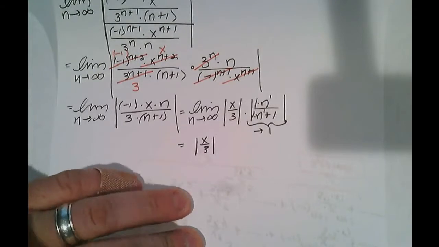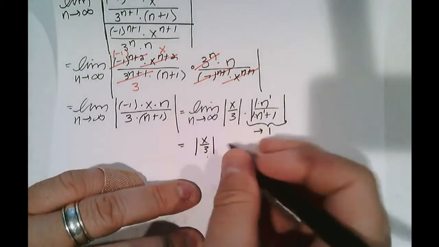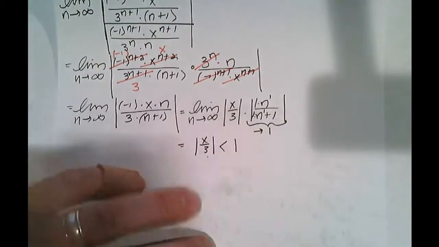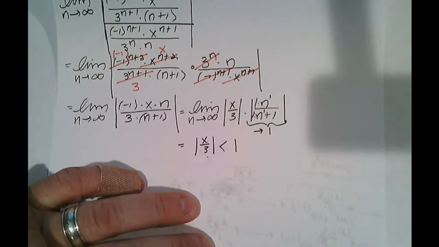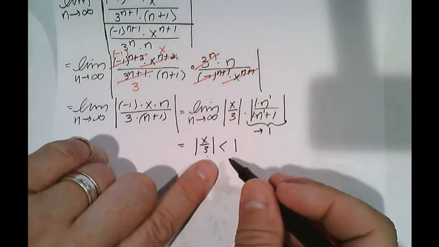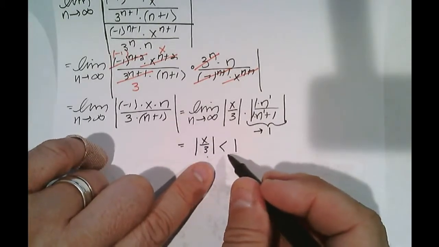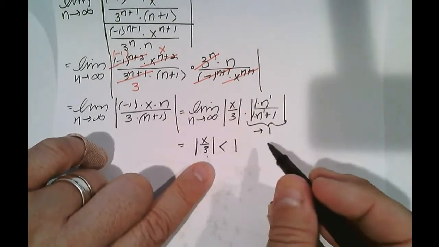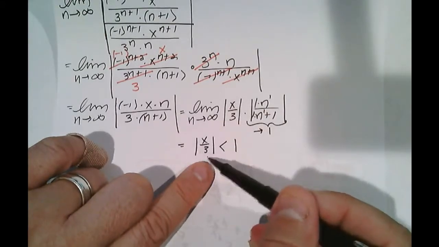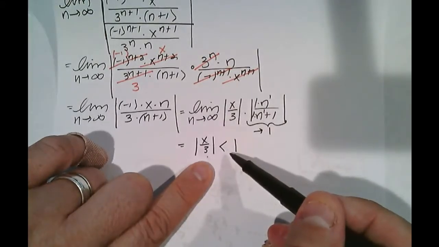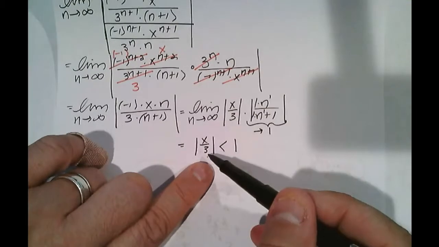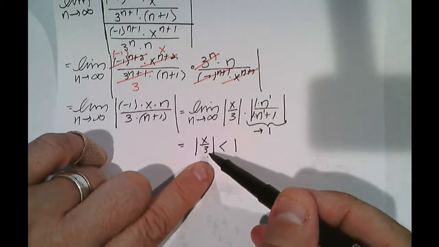By the ratio test, as long as the absolute value of x over 3 is less than 1, we have convergence. Well, we need to keep going with this. We're looking for the interval of convergence. Any value of x that satisfies this relationship means that we are going to have convergence for sure.